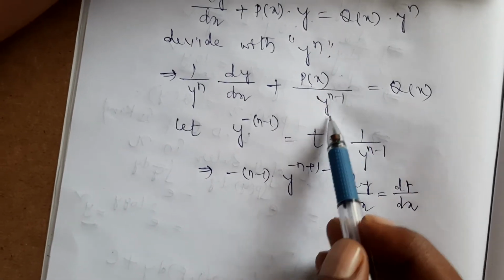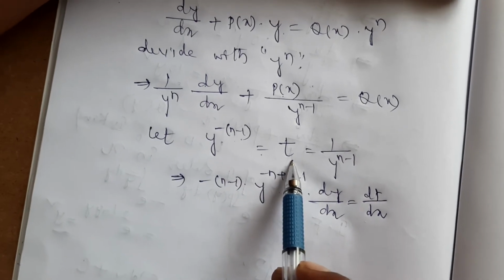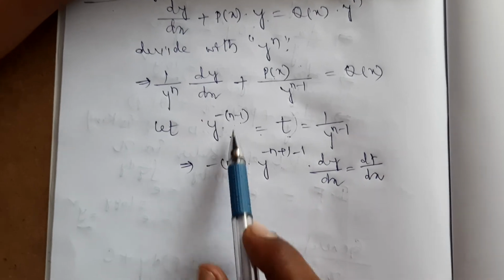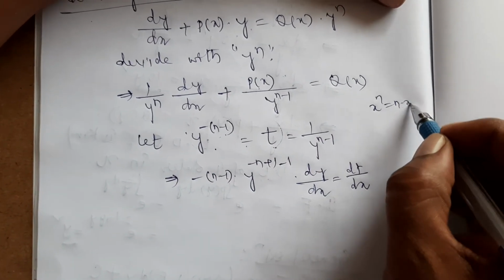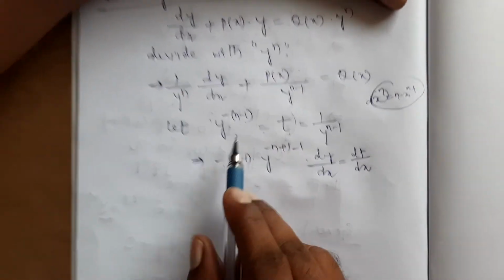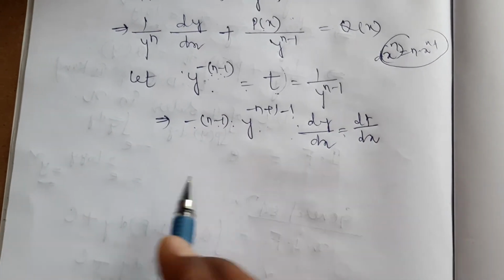Here p of x multiplied by 1 by y power n minus 1, I took as t. Basing on the power formula, minus of n minus 1 into y power minus n plus 1 minus 1 into dy by dx equal to dt by dx.